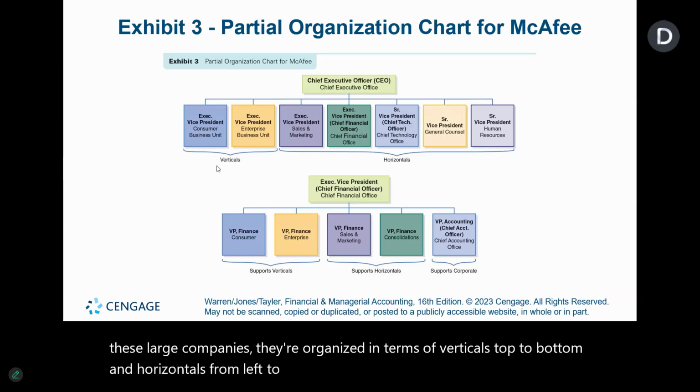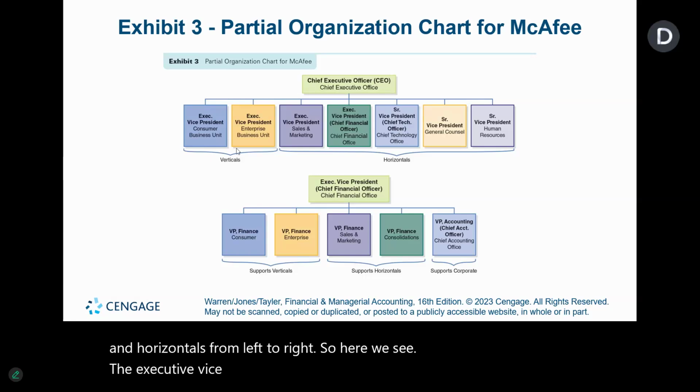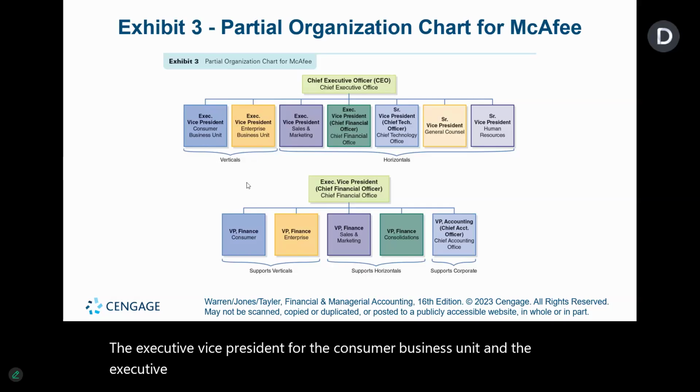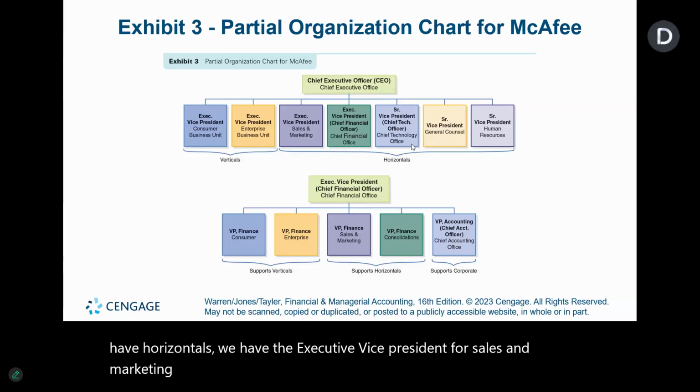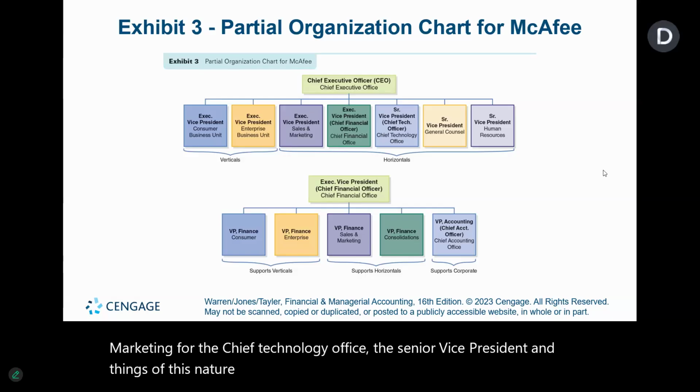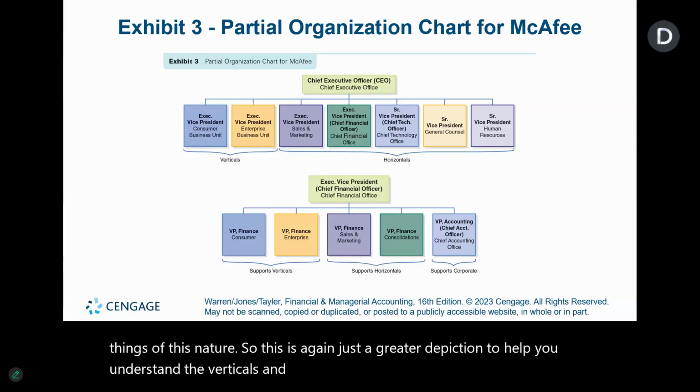Here we see the executive vice president for the consumer business unit and the executive vice president for the business unit. These are verticals. Then we have horizontals: the executive vice president for sales and marketing, the chief technology office, the senior vice president, and things of this nature. So this is just a greater depiction to help you understand the verticals and the horizontals.